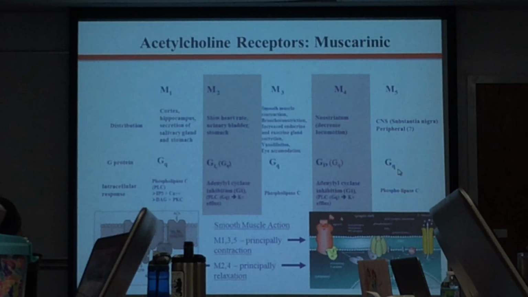Did you guys learn the Gq signaling pathway, phospholipase C activation? We did last semester, okay. Calcium, the PIP2 conversion, okay. M2 and M4 are coupled to inhibitory Gi/Go. When I say inhibitory, it's an inhibition of cyclic AMP.